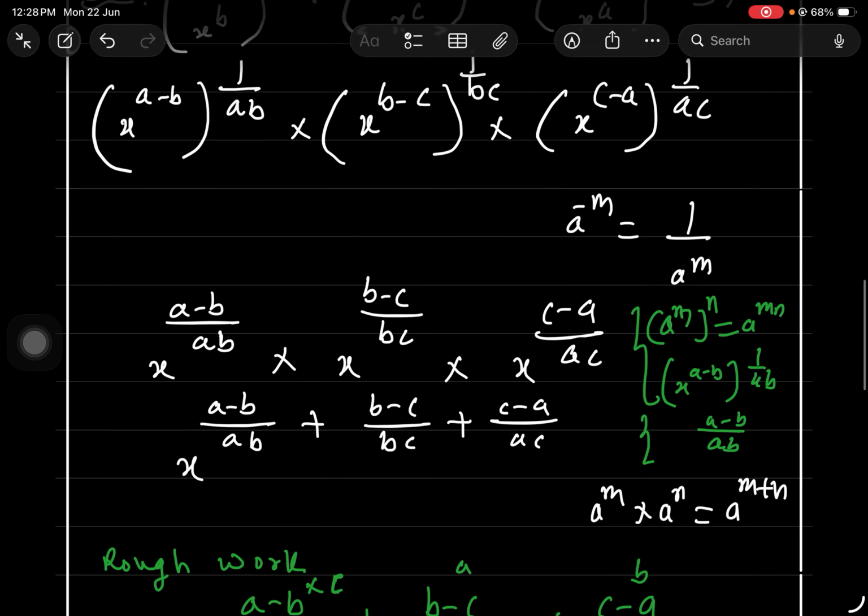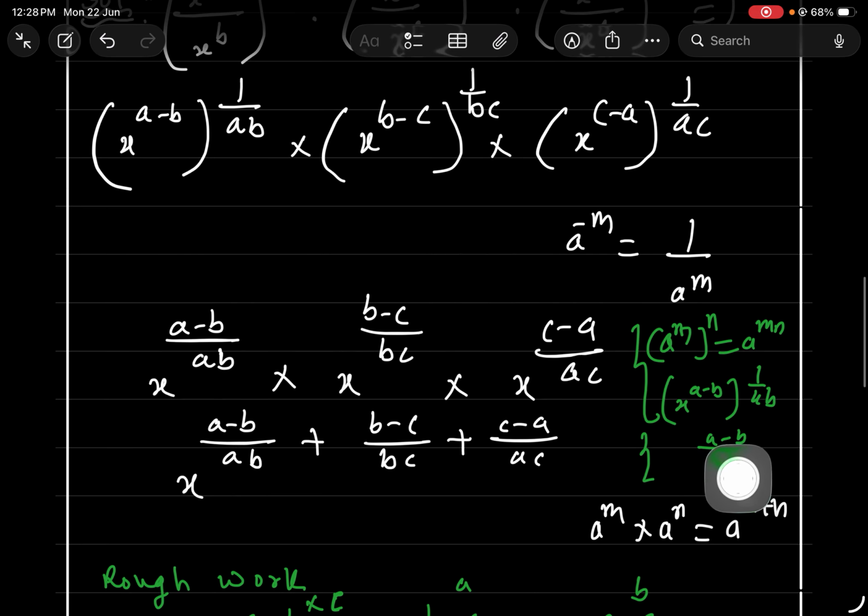Try to understand how the multiplication works. Here (a-b) into 1/(ab), and the final answer is (a-b)/(ab).